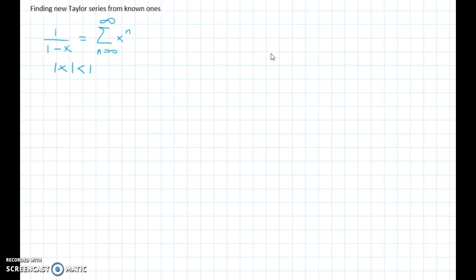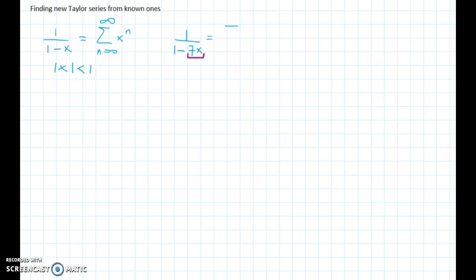Now, what if instead what we wish to find is the power series associated to the function 1 over 1 minus 7 times x? What we are doing is to multiply our variable x by 7, so we are going to do that also inside the power series.